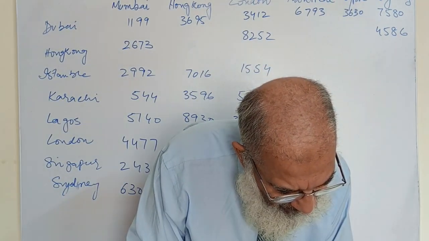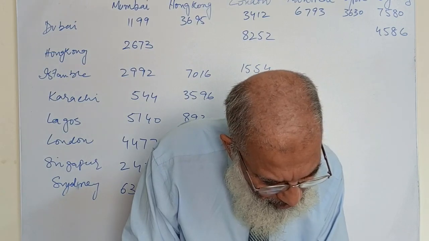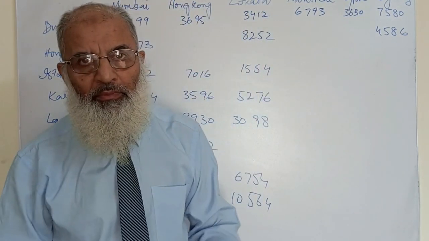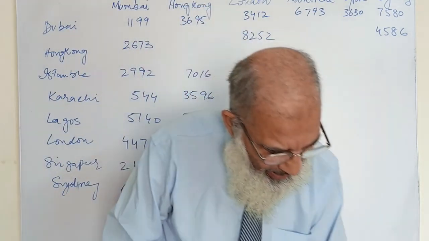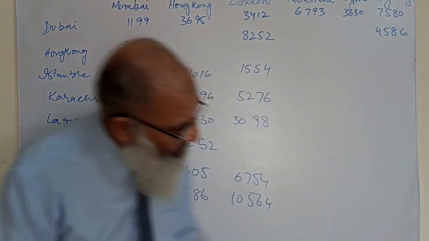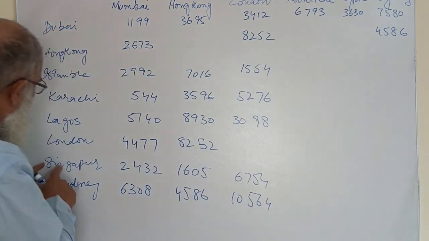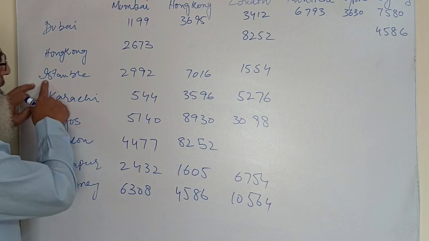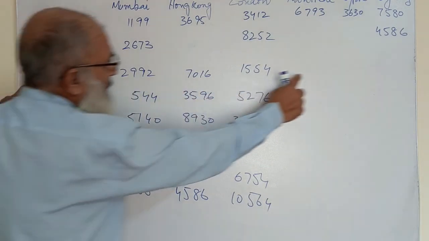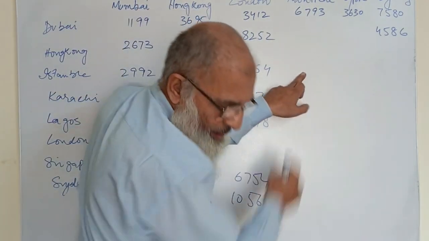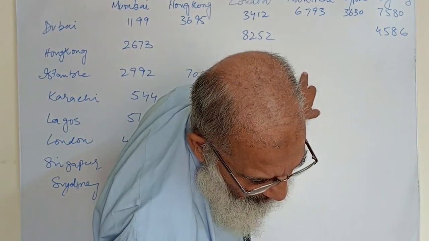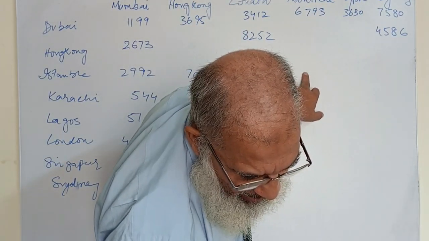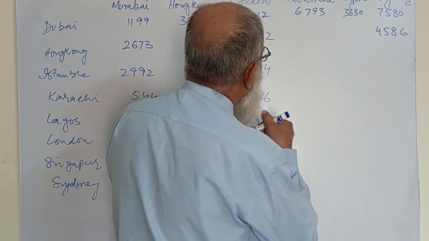Which is the longer flight, Istanbul to Montreal or Mumbai to Lagos? Where is Istanbul? This is Istanbul to Montreal. Now this is Montreal over here, and Montreal is 57.